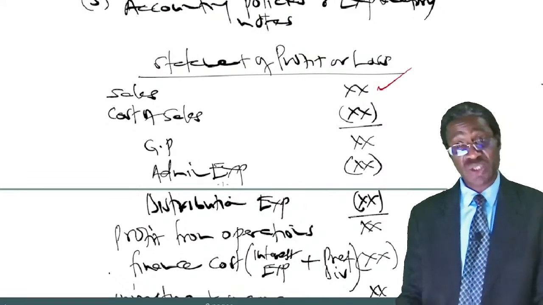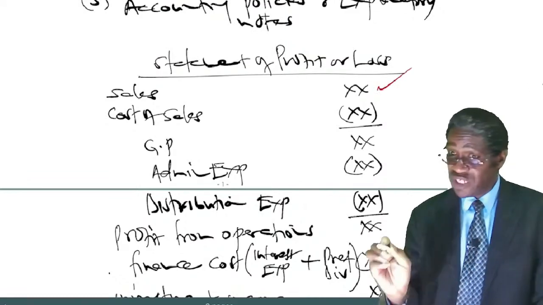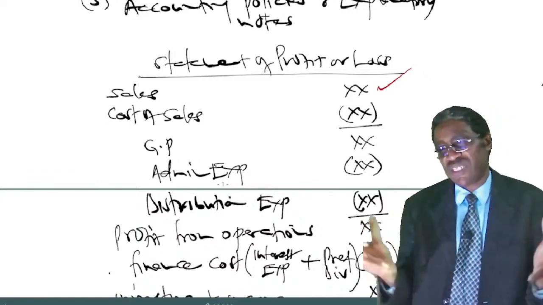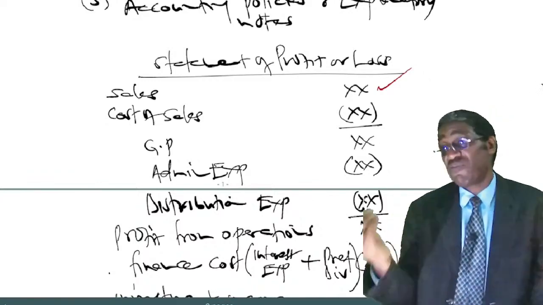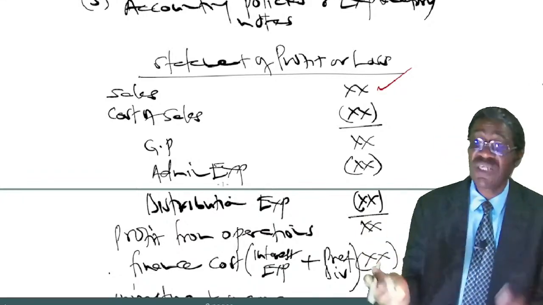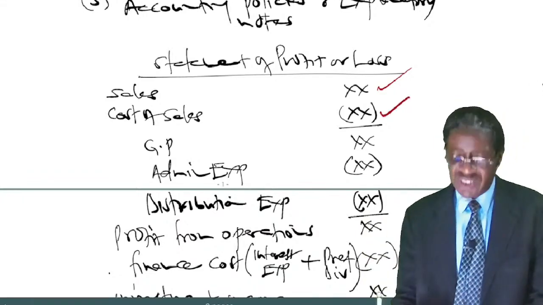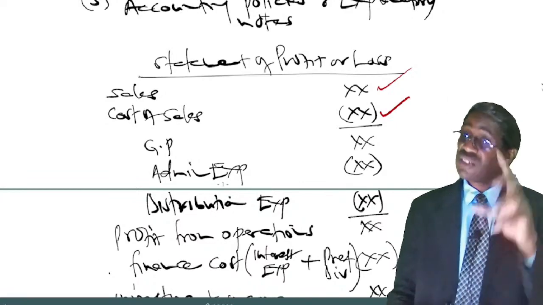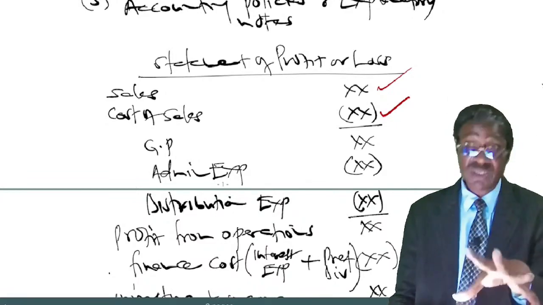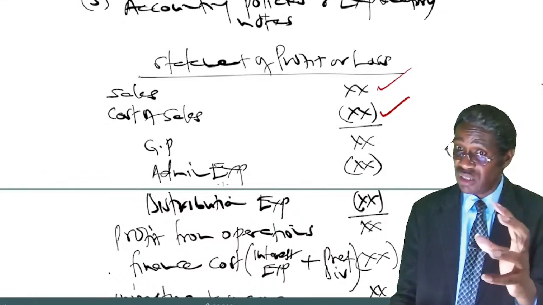That does not change. Most of the time the sales figure is not affected. But if it's affected by whatever adjustment the question is trying to give you, adjust and bring the right amount. Cost of sales is something you have to calculate somewhere. That is obvious.